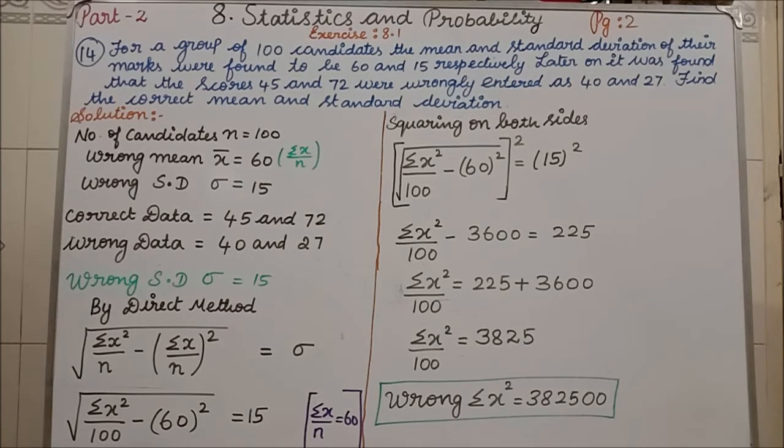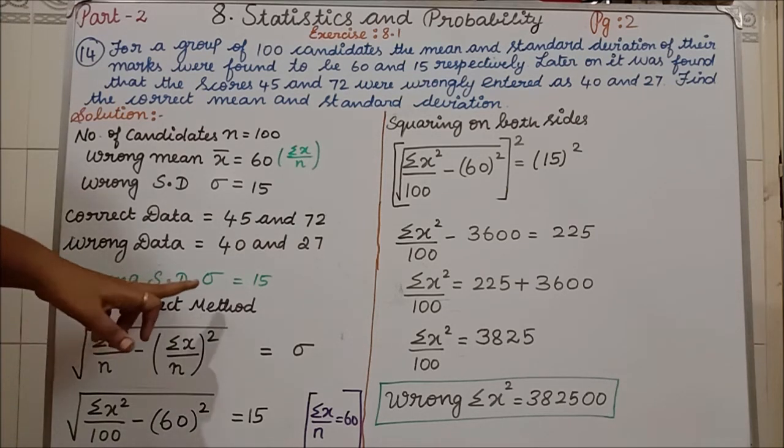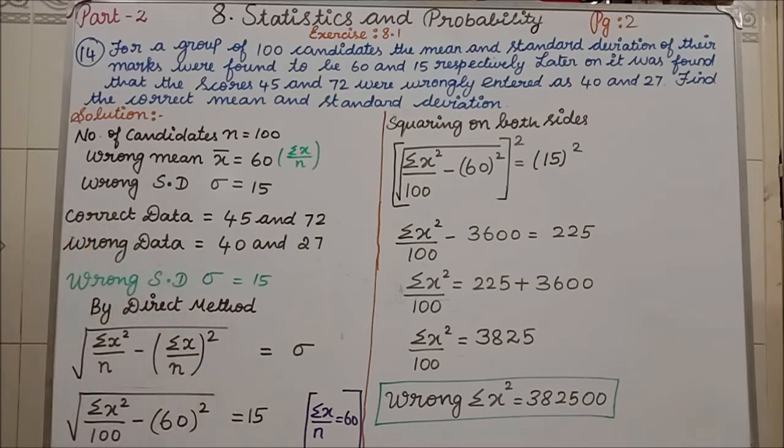Students, how did we find the correct mean? Using the wrong mean, we got the answer for the correct mean. Similarly, to find the correct standard deviation, we have to use the wrong standard deviation. I have written wrong standard deviation sigma is equal to 15, as given in the question.